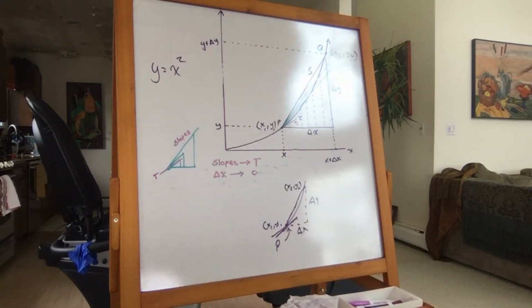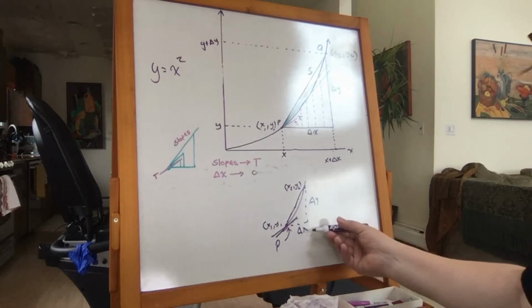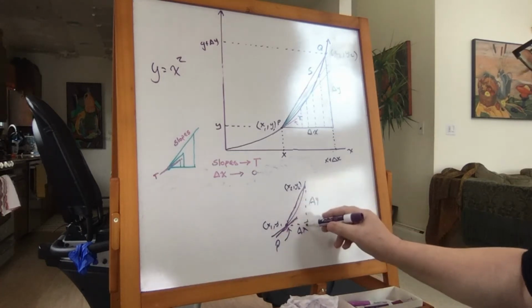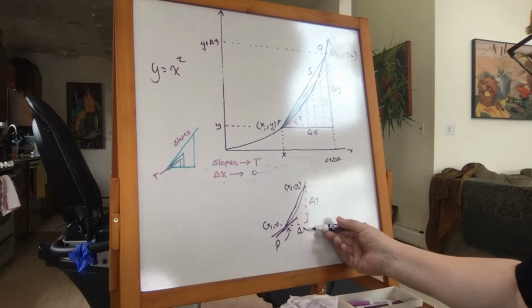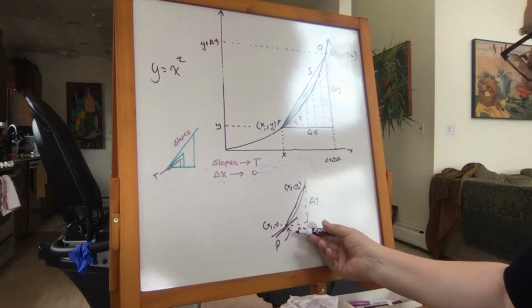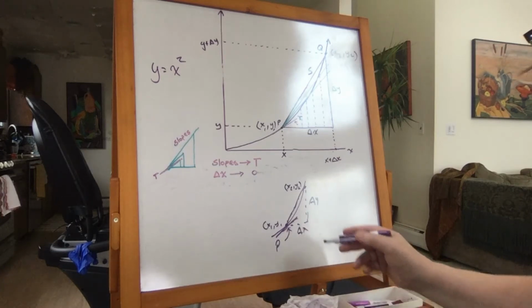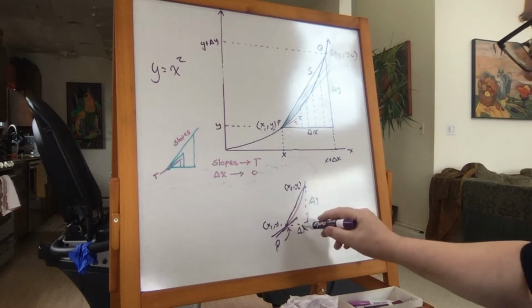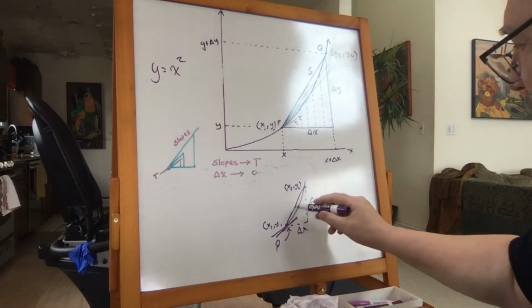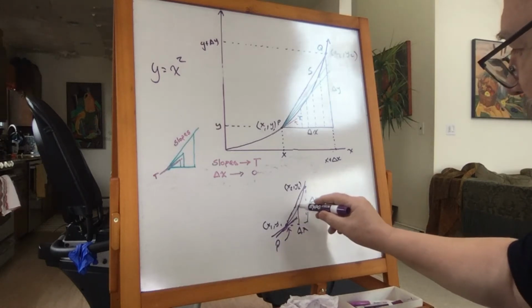So one thing we do notice is that if we start out with this initial approximation, and if we shrink our base, our delta x, we're going to notice that our delta y changes too. So if we make x smaller, then y is smaller.